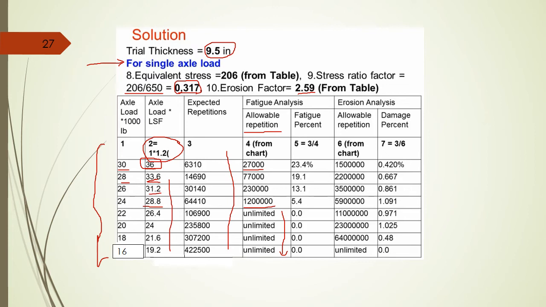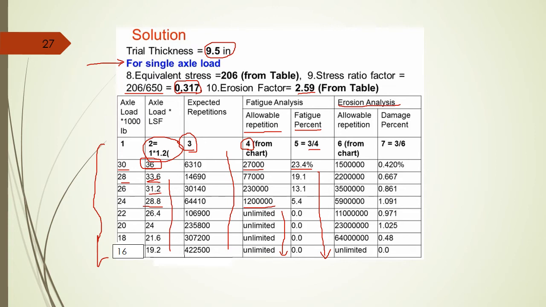Then you obtain the fatigue percent. You divide column 3 by column 4, so 6,310 divided by 27,000 will give you 23.4, and so on. Now let's do the erosion analysis.